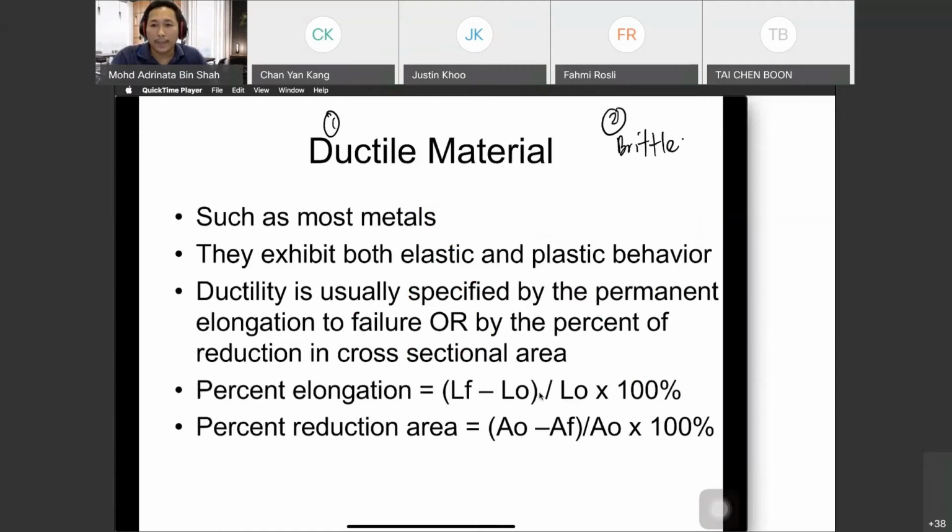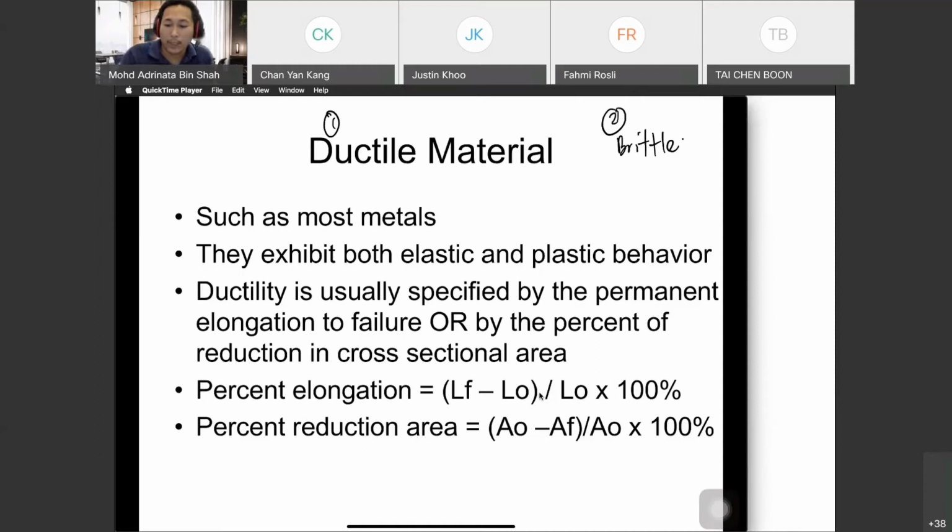From the stress strain diagram, it shows a very significant difference between ductile materials and brittle materials. Such as most metals that exhibit elastic and plastic behavior, ductility is usually specified by the permanent elongation to failure or by the percent.